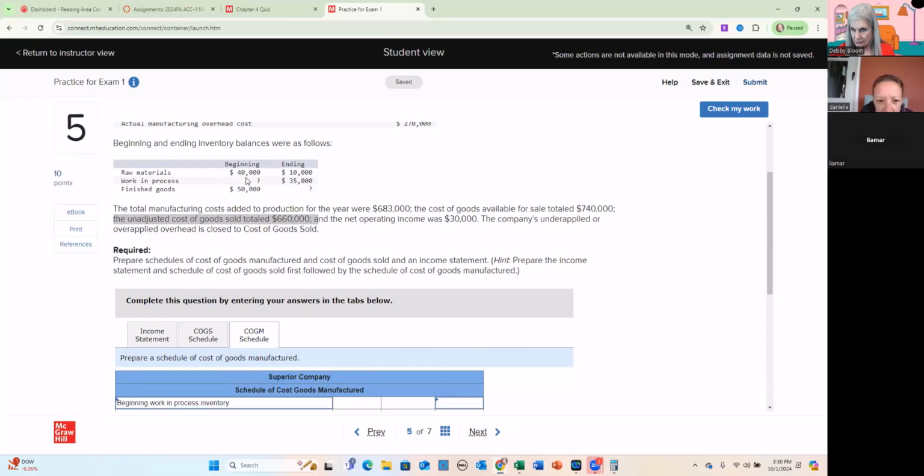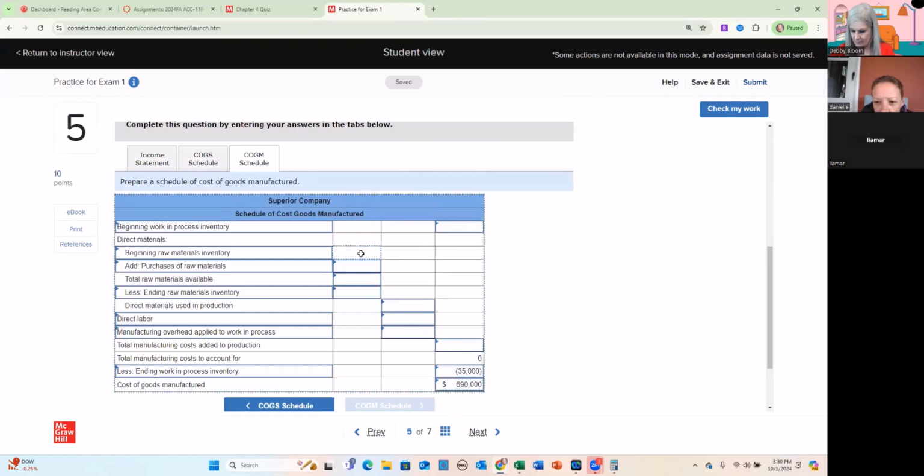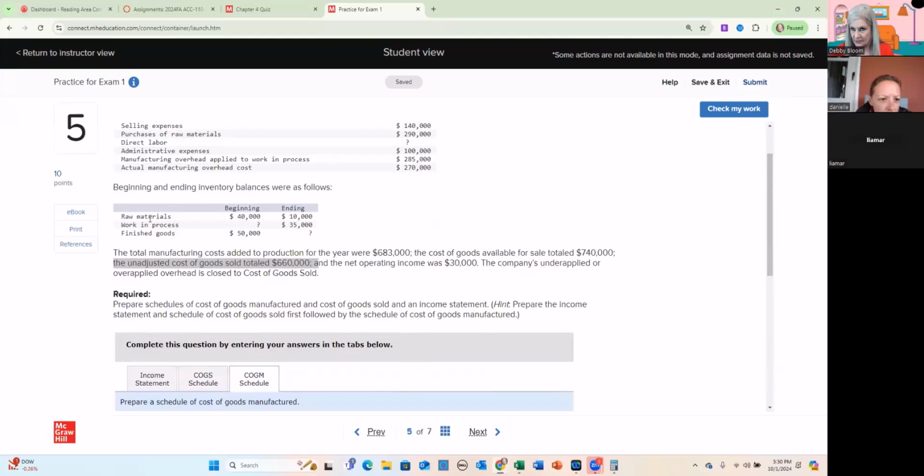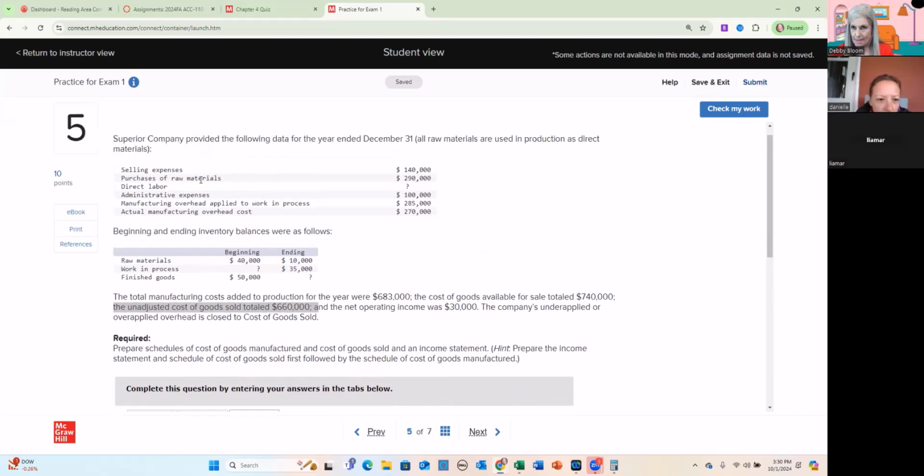So my raw materials inventory beginning is 40 and ending is 10. And I subtract the ending, so negative 10. Those were given in the problem, right there. There's raw materials inventory beginning 40,000 and ending 10,000.